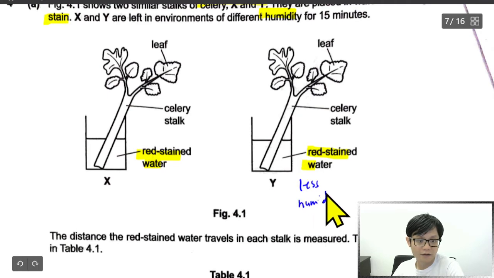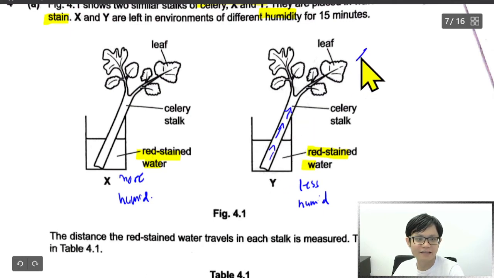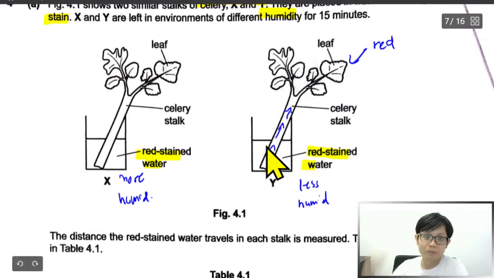Mr. Billy, I don't understand, what does it mean the red stain moves? Wait, I just write here more humid. Okay, the red stain moving means the color. The color moves up, correct? Eventually the leaf will become red. We use celery rather than other plants because celery tends to absorb water easily.